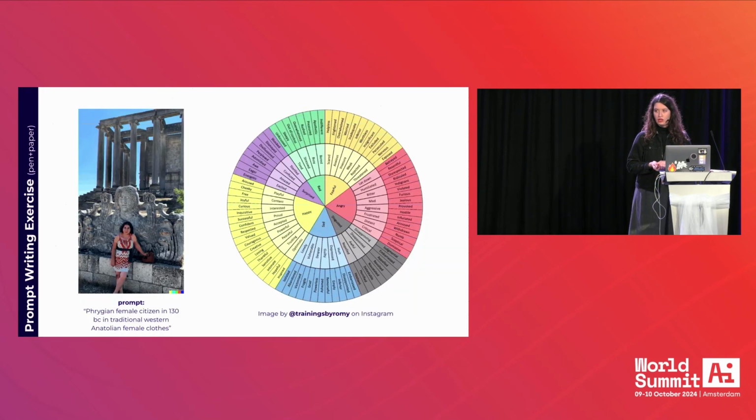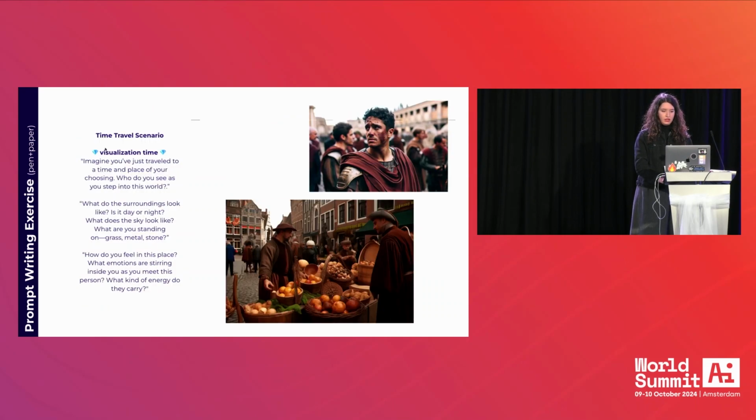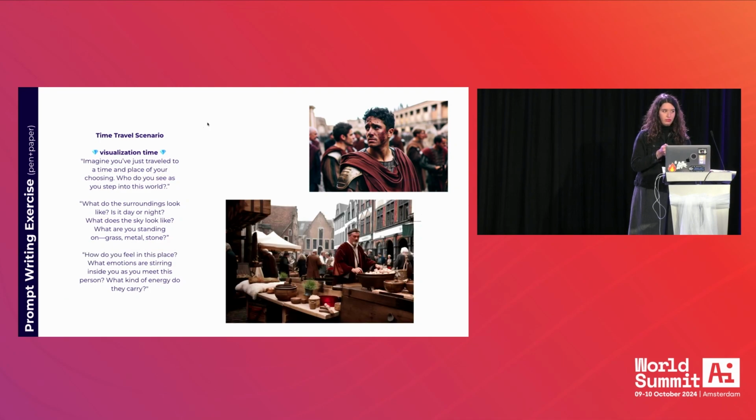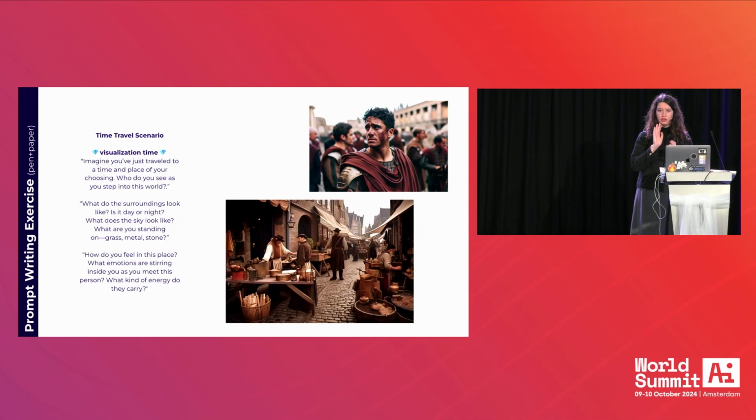And first, we will write visual prompts together about time travel. And this is an example: Phrygian female citizen in traditional clothes. So this is another example. Time travel scenario. Everyone, if you don't have paper, you can write it on your smartphone.